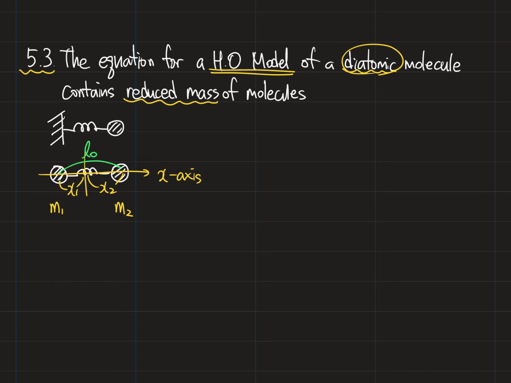Let's write down the equation of motion for each mass using Newton's second law. For the first particle, the force on mass m1 is proportional to the bond displacement. The displacement is x2 minus x1 minus L0.